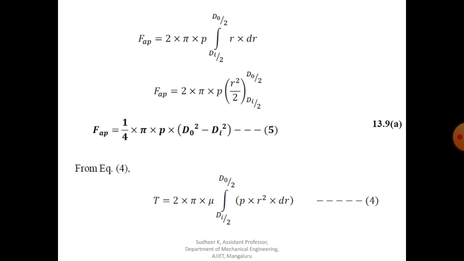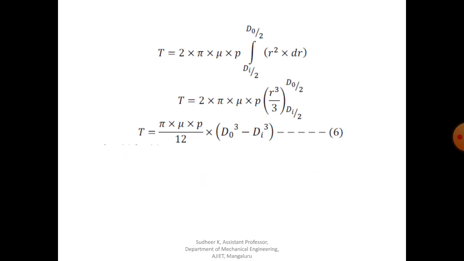Now again you have to integrate equation number 4 to get the torque transmitted by the single plate clutch, that is T equal to 2 pi mu, integrating di by 2 to do by 2 of p r square dr. That is nothing but your earlier expression 4. After simplifying, because we assume uniform pressure theory for new clutches, P is constant.